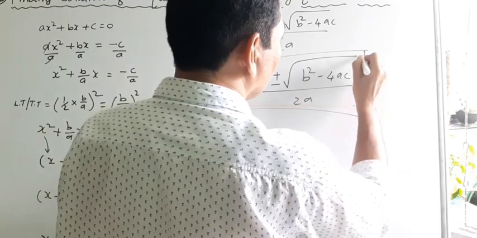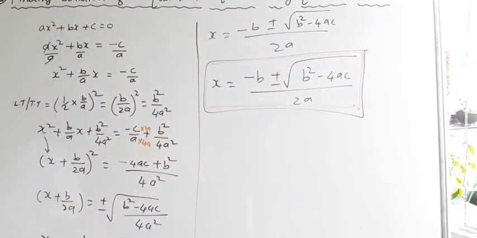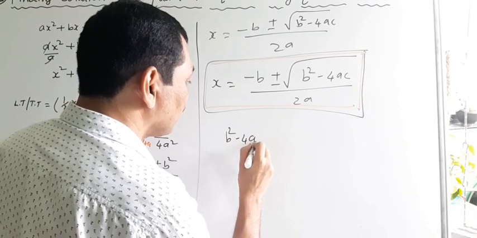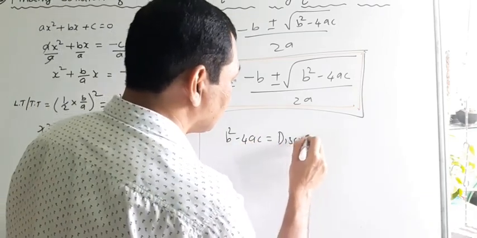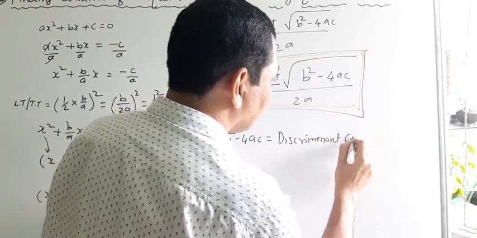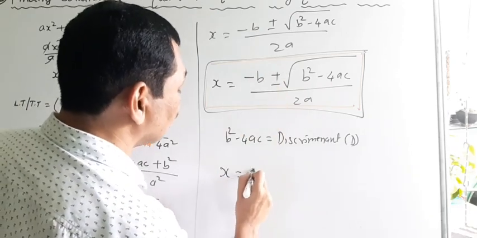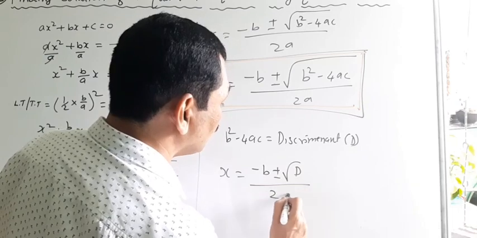So whenever we want to solve any problem using the quadratic formula, we use this formula. And for this, b square minus 4ac is called the discriminant, and we write it as capital D. So if we take this as D, then we can write x is equal to minus b plus or minus root of D upon 2a.